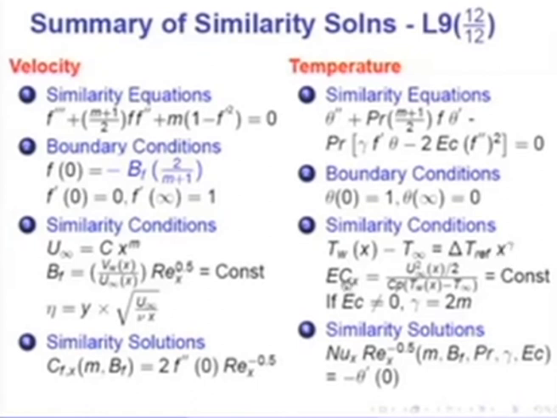If the Eckert number or the viscous dissipation is present, however, gamma must remain equal to 2m. And the similarity solutions as a whole are multi-parameter solutions involving pressure gradient m, Prandtl number, suction and blowing parameter, wall temperature, and Ec. That is what I have shown.